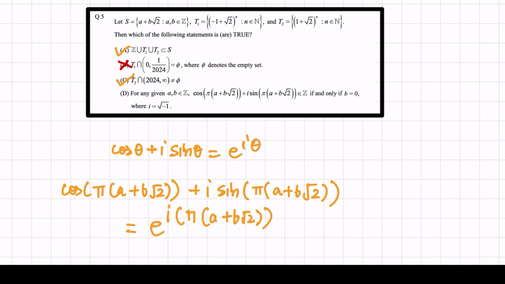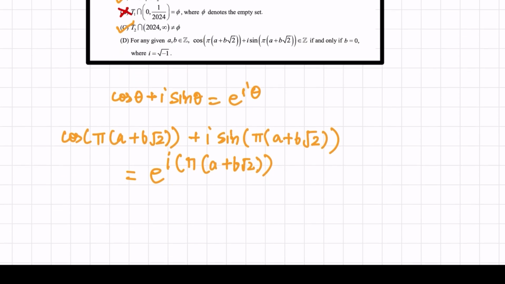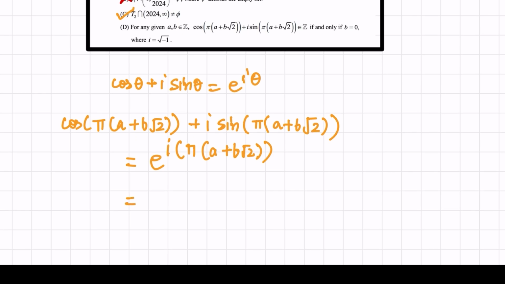Okay, so now we're going to apply the Euler identity to the expression. We can see we get e to the power i pi multiplied by a plus b square root of 2. And now we need to see, when we plug in b equal to 0, you're going to get e to the power i pi a, and you should know that you can write this as -1 to the power a, because e to the power i pi is -1.